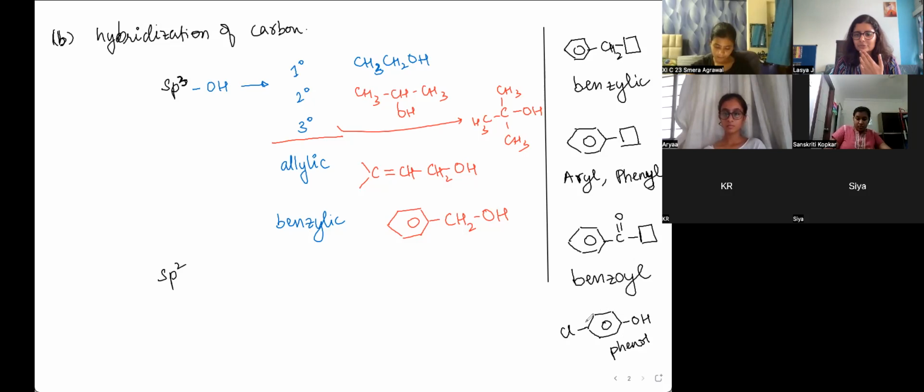So if this is 1, 2, 3, 4, it's 4-chlorophenol. Better have this also: phenyl versus phenol. Just keep it somewhere. Pay attention to the spelling because all of these are valid and all of these mean different things. So when you're drawing the structure, be a little careful.